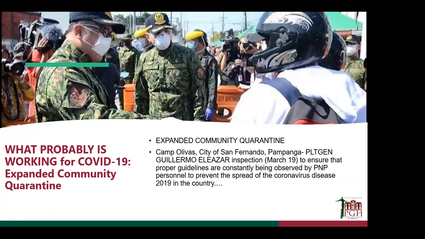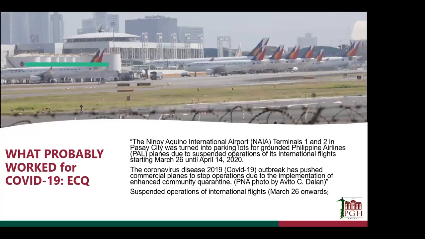So the Philippines started to look something like this. There were a lot of checkpoints that were manned by either the army or the police forces. And our airports started to look like this. All operations were suspended. International flights were not allowed.